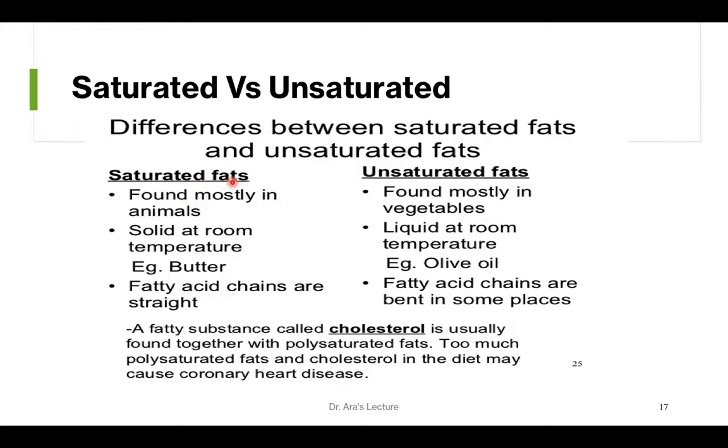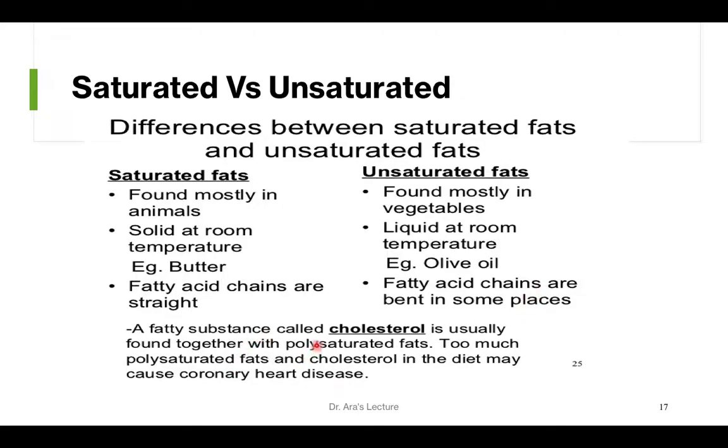Saturated fats are solid at room temperature. Unsaturated fats are liquid at room temperature. For example, saturated fat is butter, unsaturated fat is olive oil. Fatty acid chains are straight as they don't have any double bond. Fatty acid chains are bent in some places and also contain one or more double bonds.